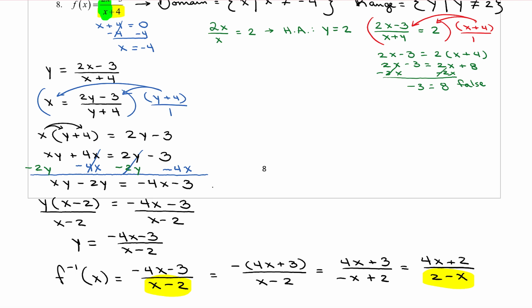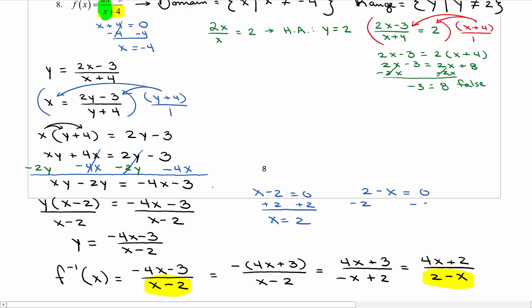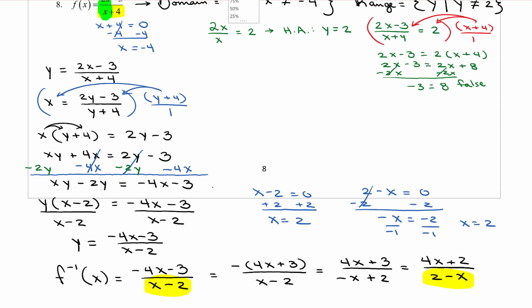And I know some of you are thinking, wait a minute, there's an x minus 2 and a 2 minus x. How do I know which one to use to find the domain, Professor Olivas? I would say it doesn't matter which one you use. If you did it correctly, they both have to come out to the same restricted value when you set it equal to 0. So we get x equal to 2 for both of them.